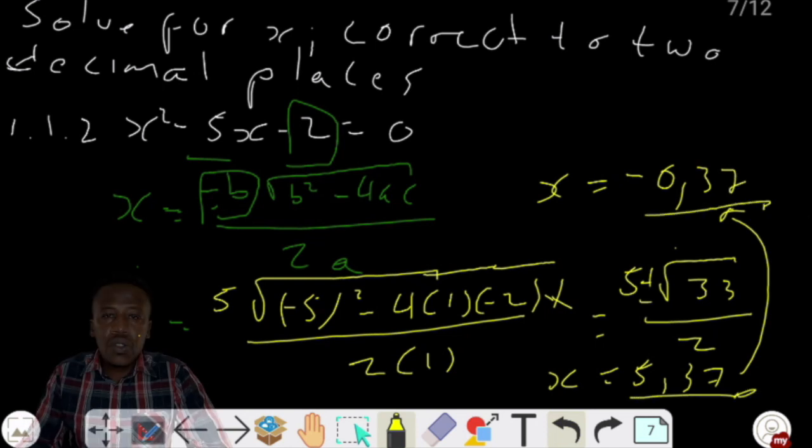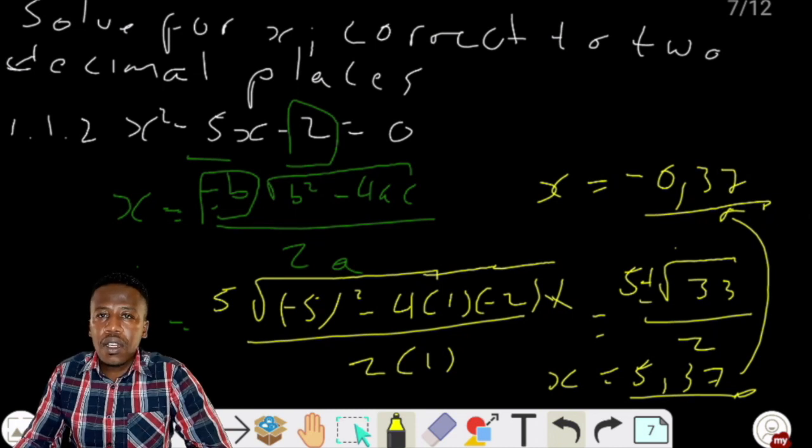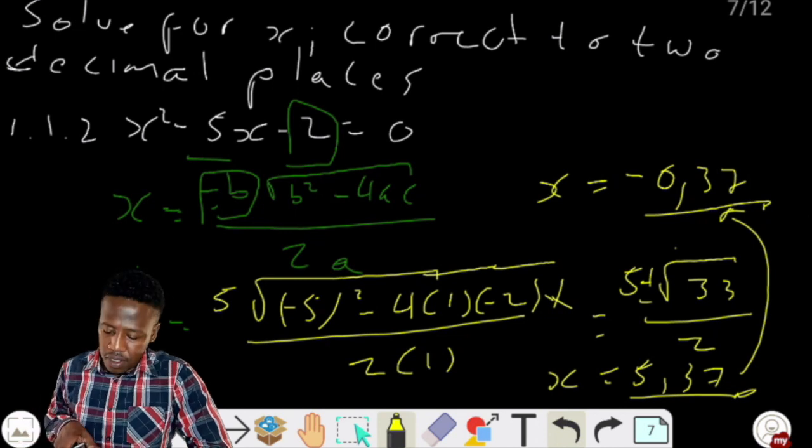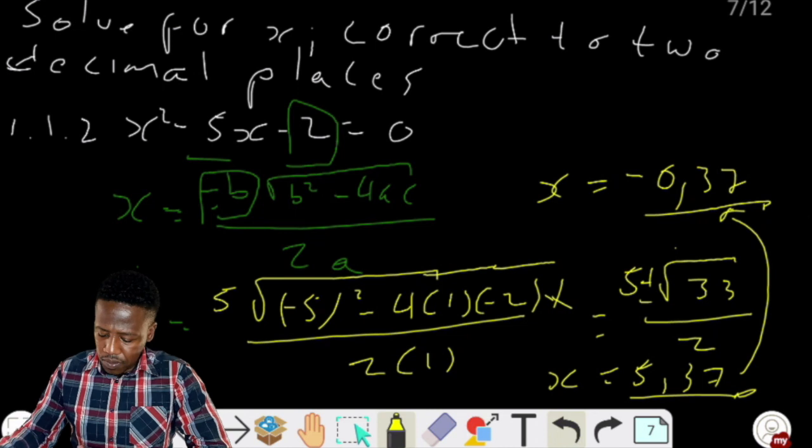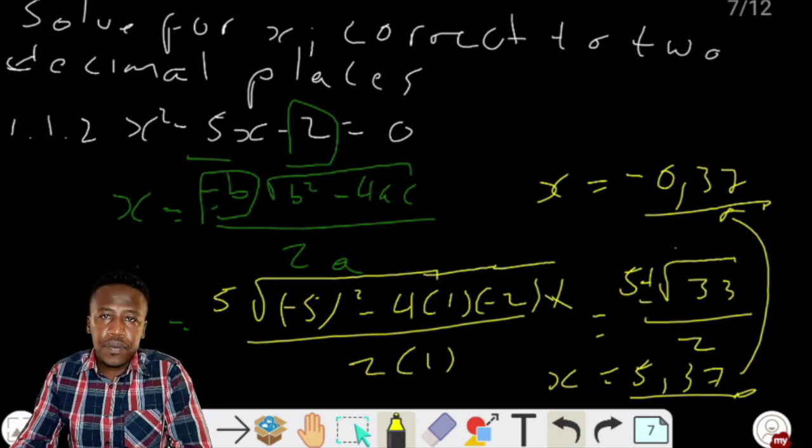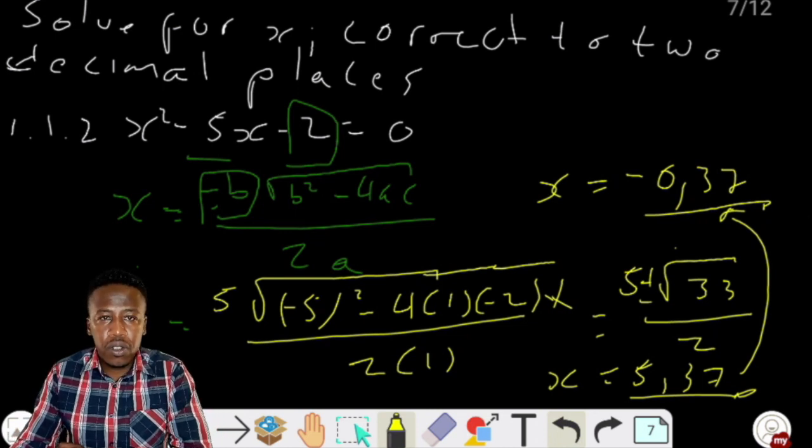You can use this method, or you can use the completing the square type of method for this question, right? But I would prefer using the formula, so that you won't get into trouble trying to complete the square, because there's a few steps that you need to follow when you complete the square, right?